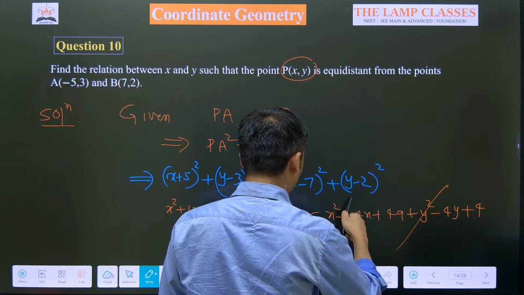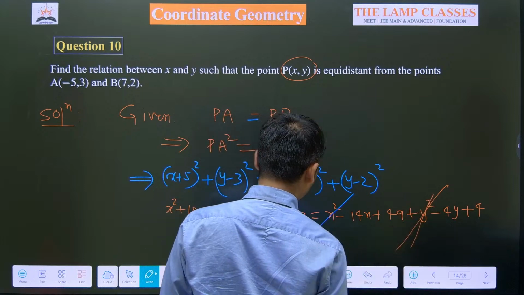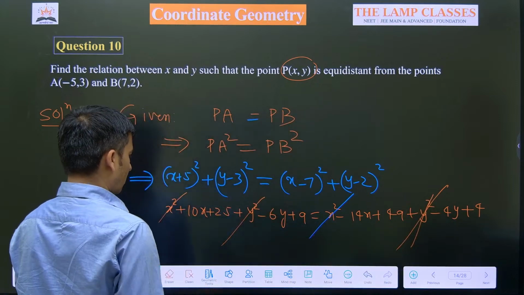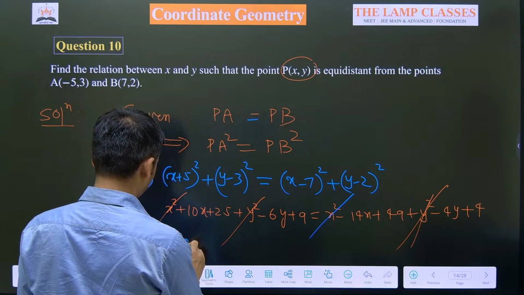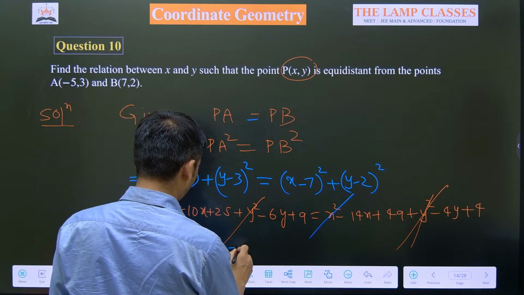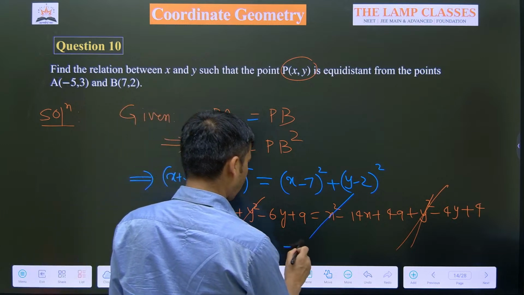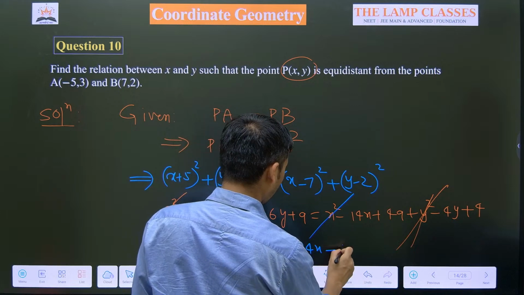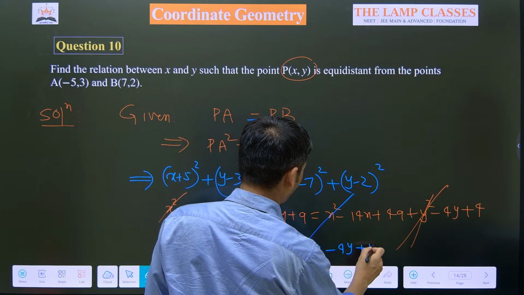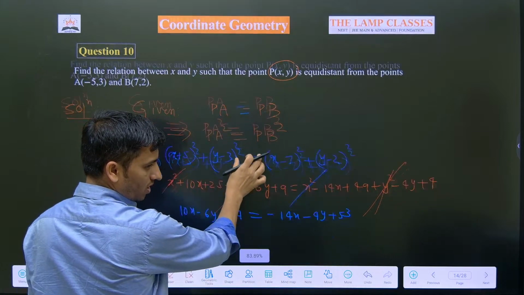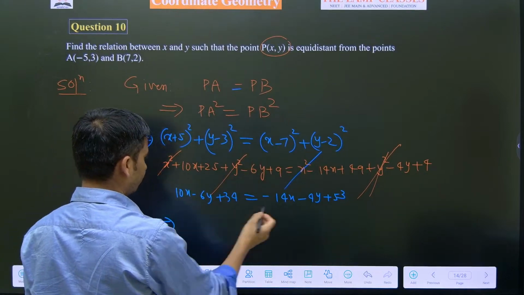Yeah, y square, x square, they are getting cancelled, right? Send them all to one side, either to the left or right.